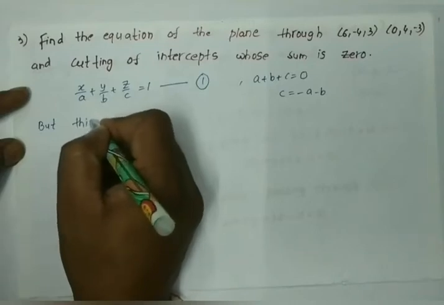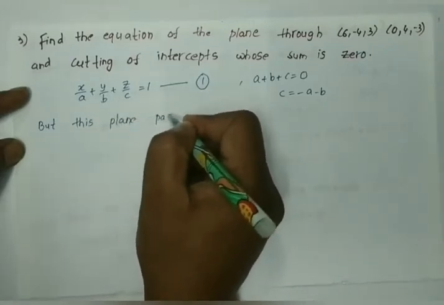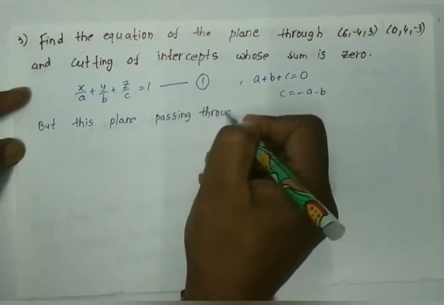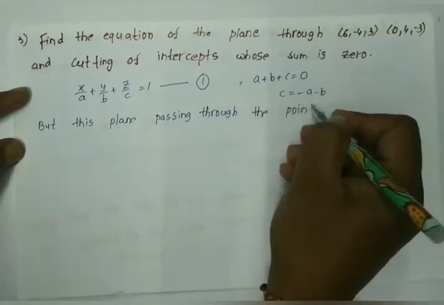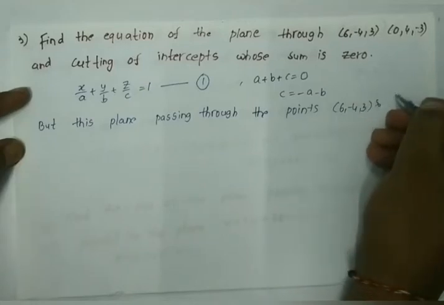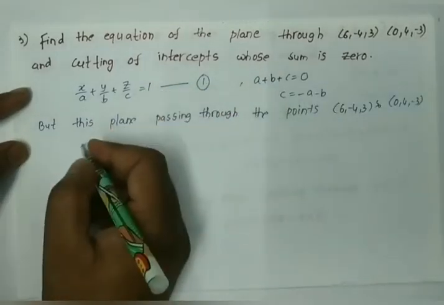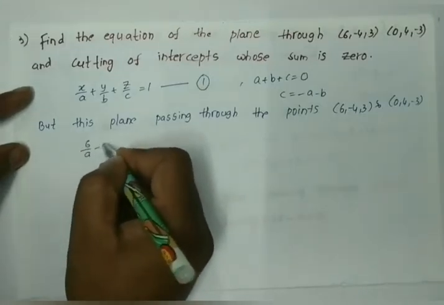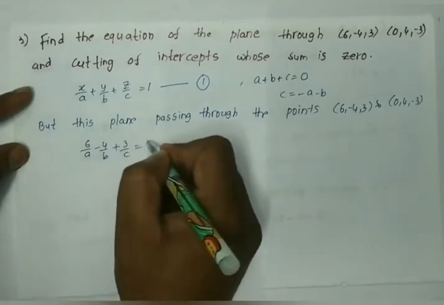So this plane passing through the points 6, minus 4, 3 and 0, 4, minus 3, equation 1 becomes 6 by a minus 4 by b plus 3 by c is equal to 1.